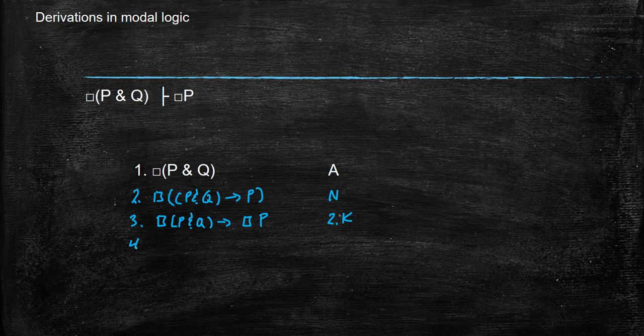And then we have our old friend, conditional elimination, which gives us necessarily P by 1, 3, conditional elimination. Okay, so this basic method of proof turns out to be super important and common in Leibnizian modal logic.